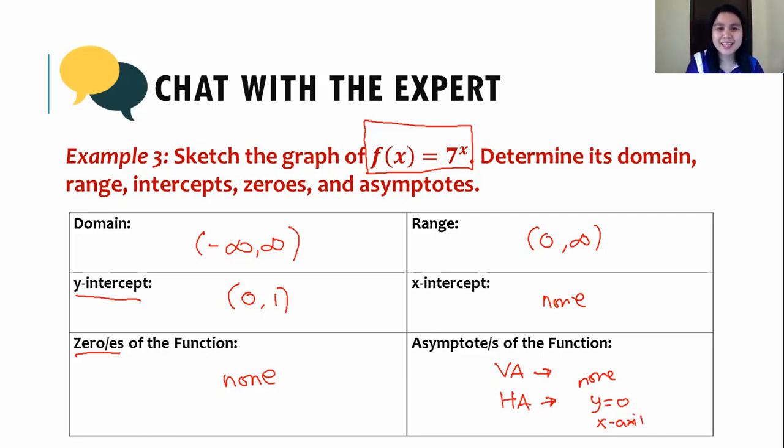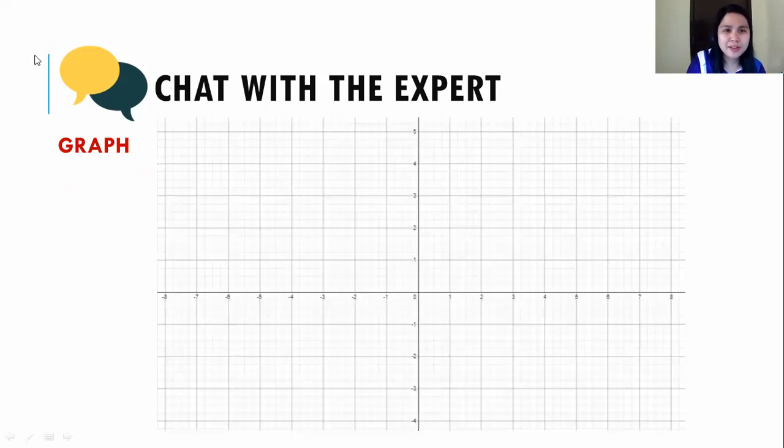And now, can you share with me what are the 3 points in the graph of the function 7 to the power of x? Ready? 0, 1. Very good. What's the next one? 1 and 7. Very good. What's the last one?